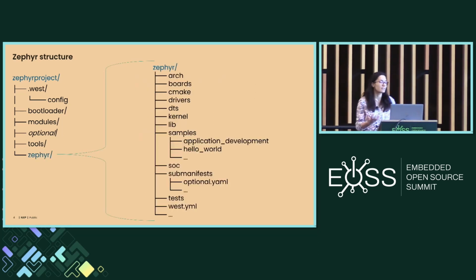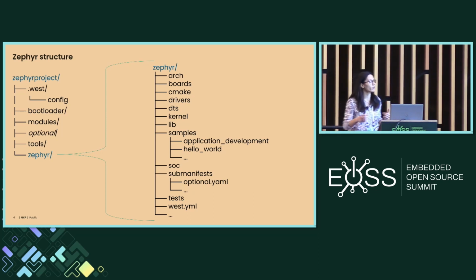Now, the Zephyr repository we have there on the right is well organized to facilitate development. We have there a high-level overview of its structure. We have architecture-specific files in arch, board configuration files in boards, build files in cmake, and driver code in drivers. In dts, we have device tree files where we define non-discoverable hardware for specific boards.